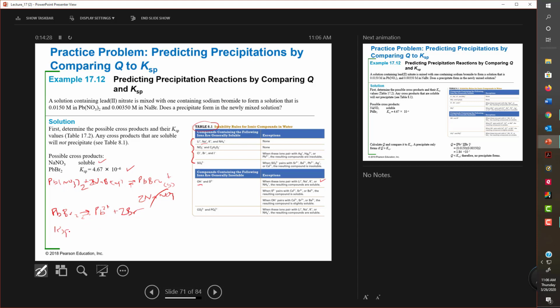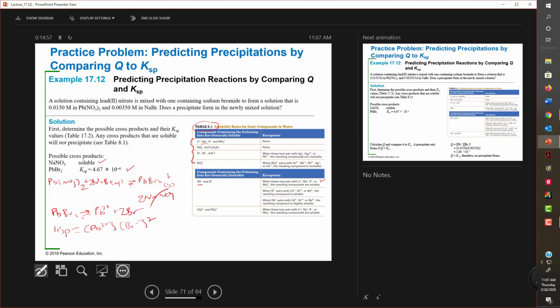So Ksp for that equals the lead(II) concentration times the bromide ion concentration raised to the second power. So again, that's from chapter 15, right? Take any chemical equation and write the equilibrium expression. This one's called a solubility product expression. So I do expect you to be able to do that. That should be easy.